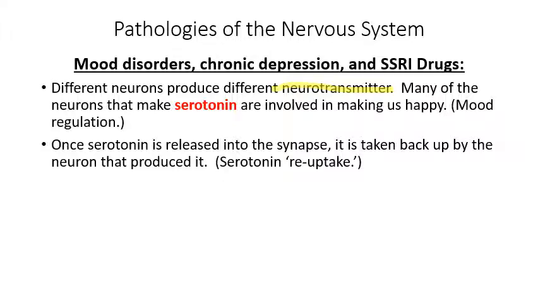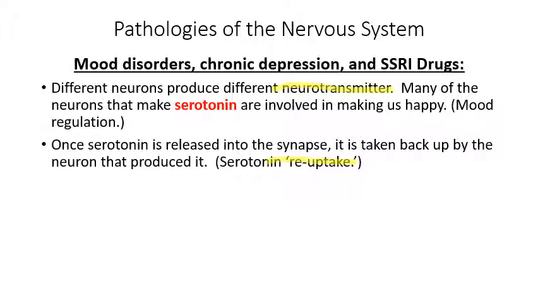So serotonin reuptake. Once a neuron produces serotonin, puts it into the synapse and stimulates the next neuron, it then takes the serotonin back so that it can use it again. Okay, so somebody along the line thought, well, can we look for a drug that will prevent the neuron from taking the serotonin back? And the answer is yes.